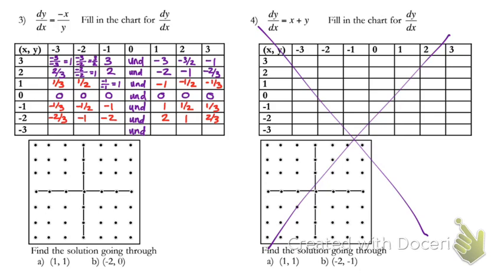All right, for this row, we get -2/3, -1, -2, undefined, 2, 1, 2/3. And pause it one more time to check the last row. All right, here's the last row. So, again, for the row -3, we get -1, -3/2, -3, undefined, 3, 3/2, and 1.